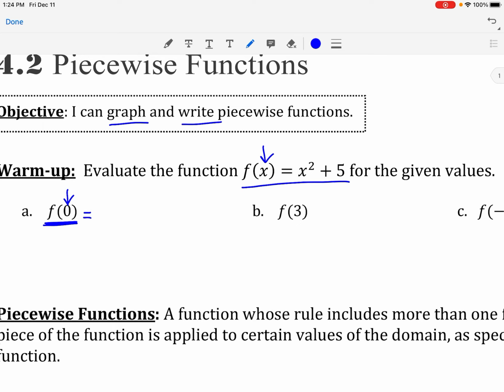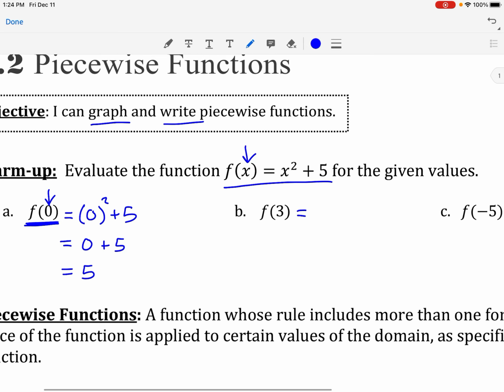So we take our equation and fill in whatever number we're given. We fill in a 0, so instead of x squared plus 5, we have 0 squared plus 5. Then we evaluate that: 0 squared is 0, plus 5 equals 5. So we have just evaluated our function at 0 and gotten positive 5.